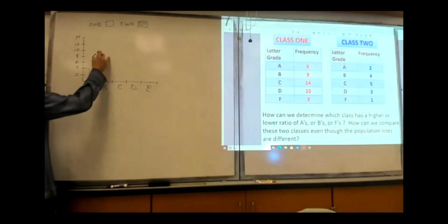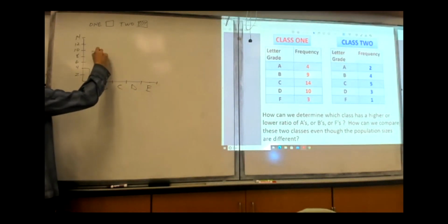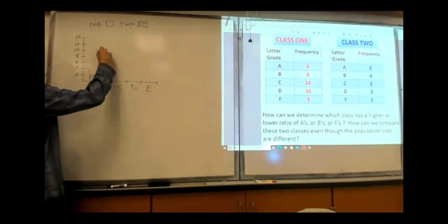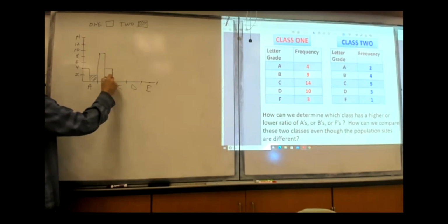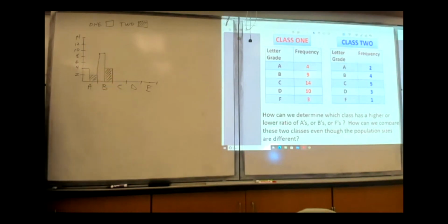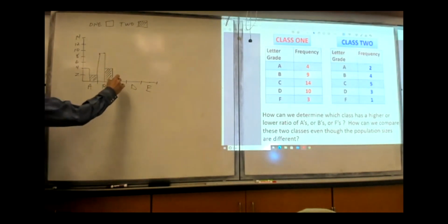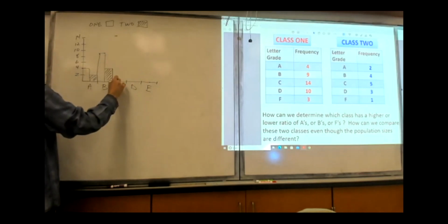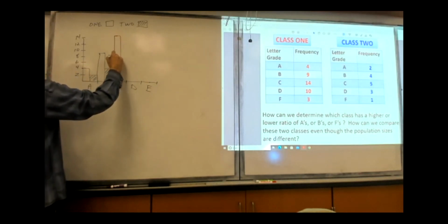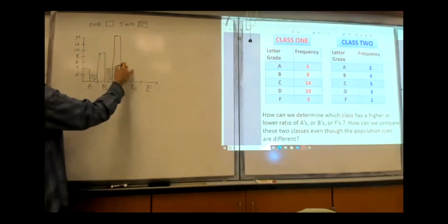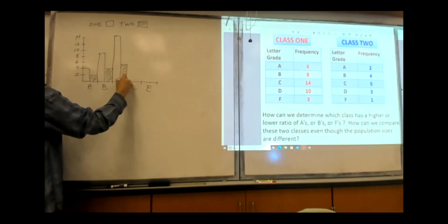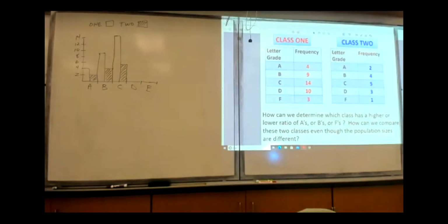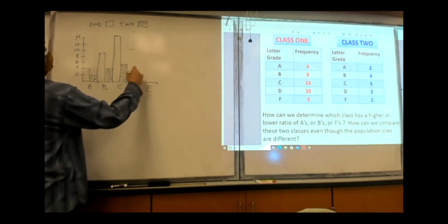All right, so there's 9 B's in class 1, and there's 4 B's in class 2. There's 14 C's in class 1, and then 5 C's in class 2. There's 10 D's in class 1.